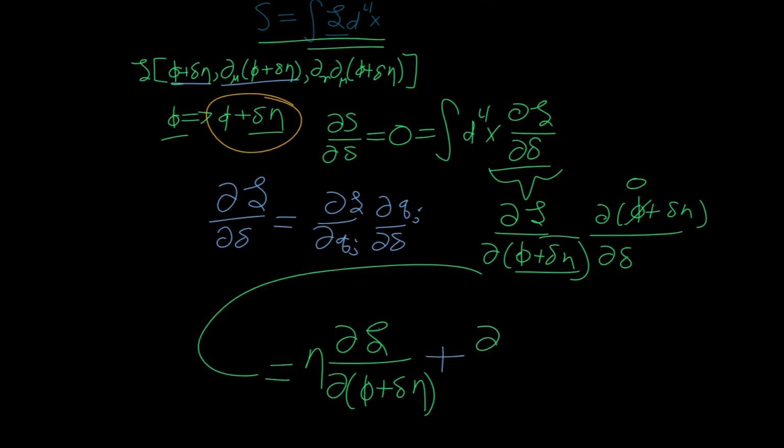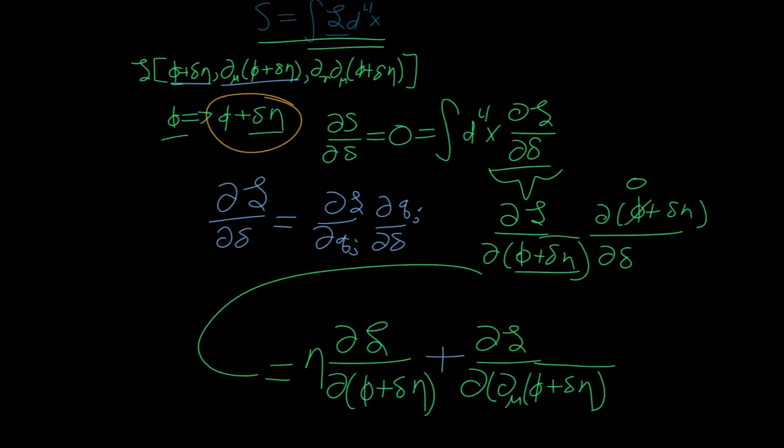But we have the partial derivative of our Lagrangian as before, but then with respect to this right here. So with respect to all the partial derivatives of this, phi and then plus delta nu.